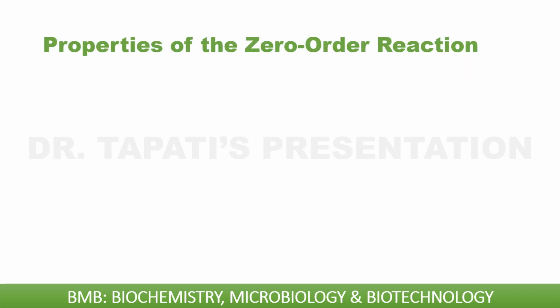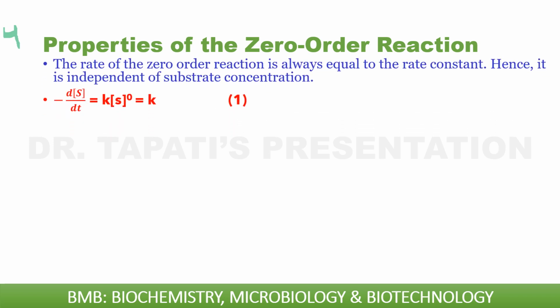Let's know different properties of the zero order reaction in short. We found total 4 equations for zero order reaction. Already I have discussed those equations. First equation shows that minus dS by dt is equal to K into S power of 0, that is equal to K. K is rate constant.